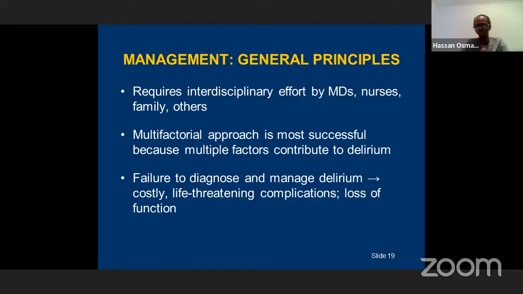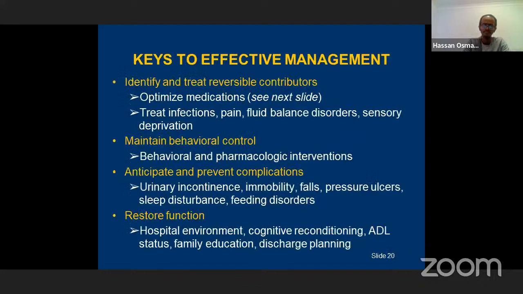And the multifactorial approach is the most successful, because multiple factors, as we explained for example in the pathophysiology, contribute to delirium. Failure to diagnose and manage delirium is unfortunately costly, with life-threatening complications and loss of function.